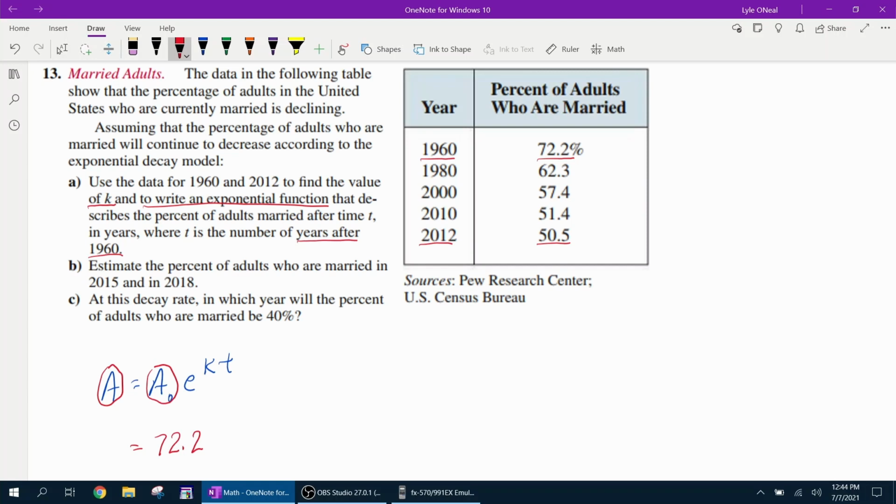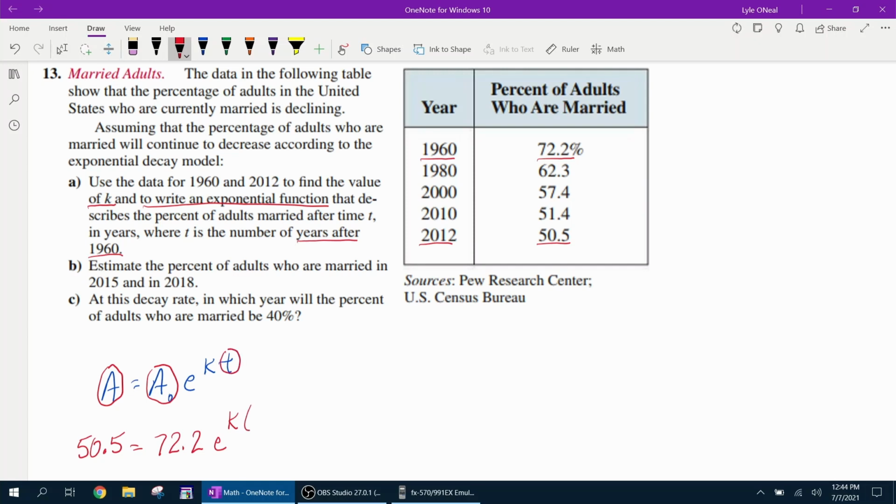And that percentage is 50.5. So you can see from the initial amount to the final amount, that number is decreasing. And hint, hint, that means that our decay rate, our value for k, should be negative, because a negative exponent indicates decay, not growth.